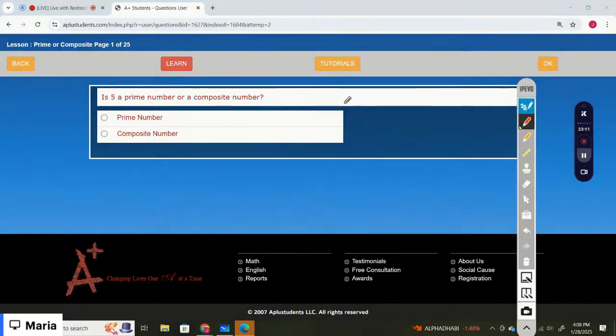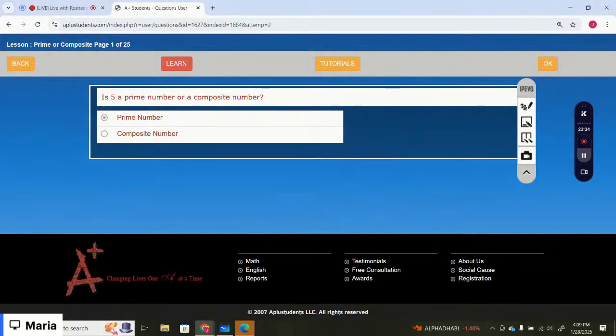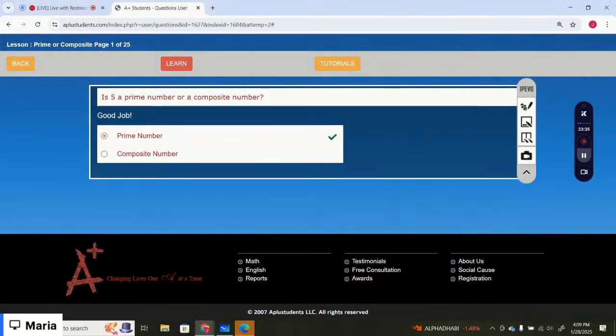Because 5 has only two factors: 1 times 5, 1 and the number itself. You do not have any other numbers that when multiplied make 5, right? So 5 is a prime number. Option number 1 is the correct option.